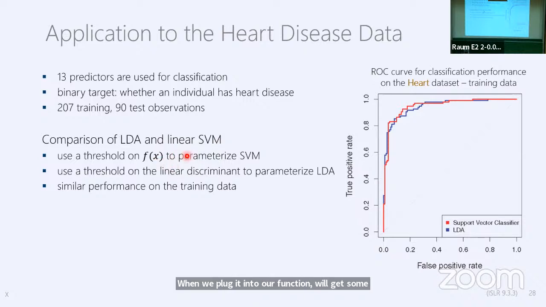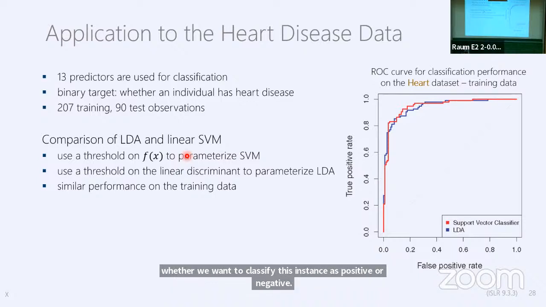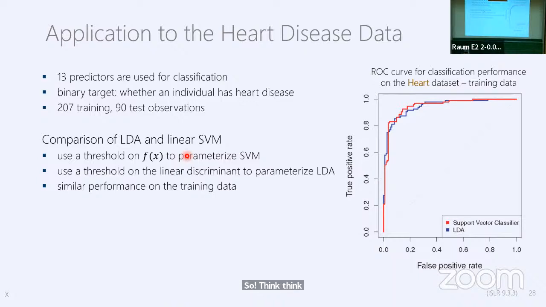And then we need to decide whether we want to classify this instance as positive or negative. So think of this number as, let's say, we've scaled it and it's a value between 0 and 1. A value of 0 means it's class -1, a value of 1 means it's class 1. So usually you would choose a threshold of 50%. Everything that's below 50% goes to class 0. Everything that's above 50% goes to class 1.